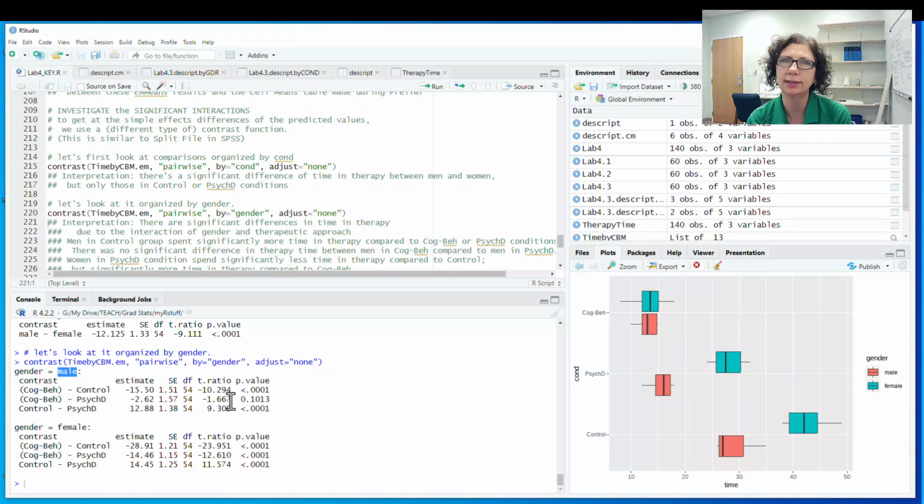So it's a conditional effect. Here with female, all of these ended up significantly different. Cognitive behavioral to control, cognitive behavioral to psych D, and control to psych D.